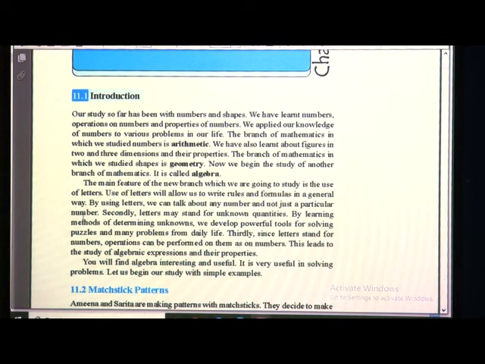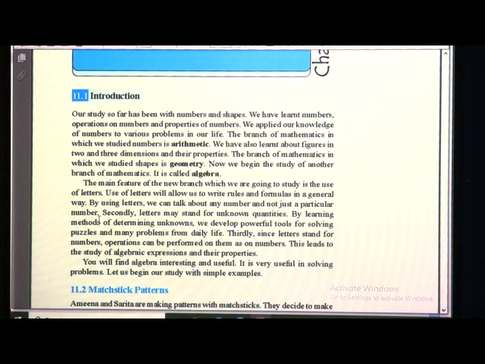For length we have taken L as a letter and for breadth we have taken B. So L into B. To write a few rules and formulas we use letters. It means we use the branch called algebra. By using letters we can talk about any number and not just a particular number.